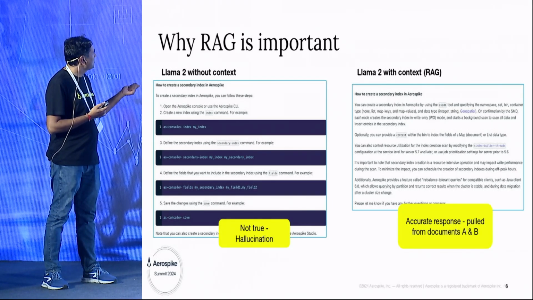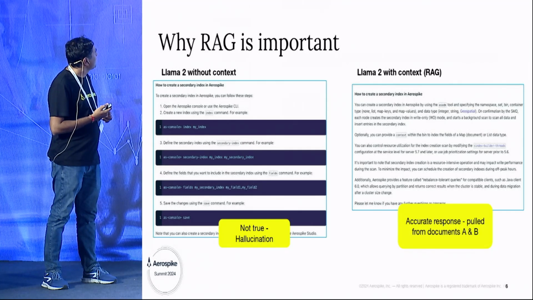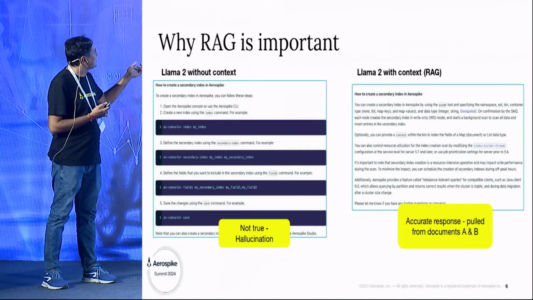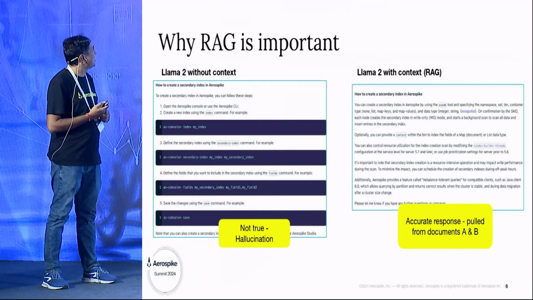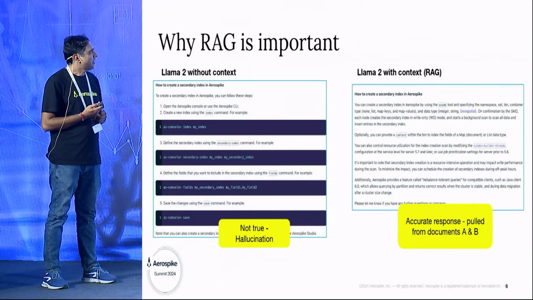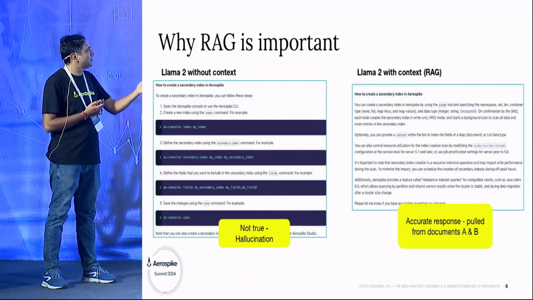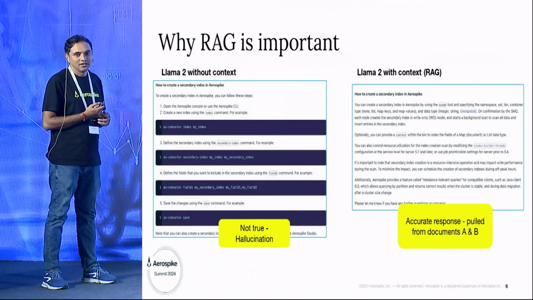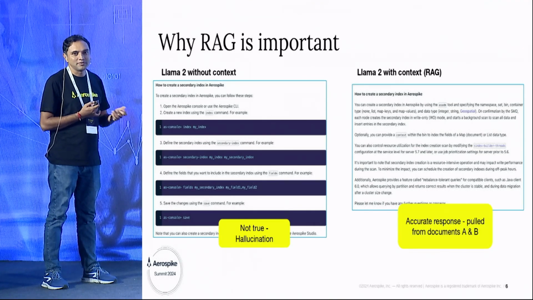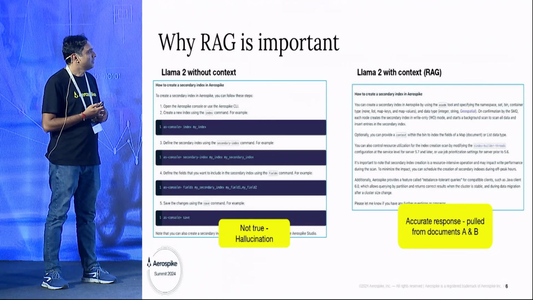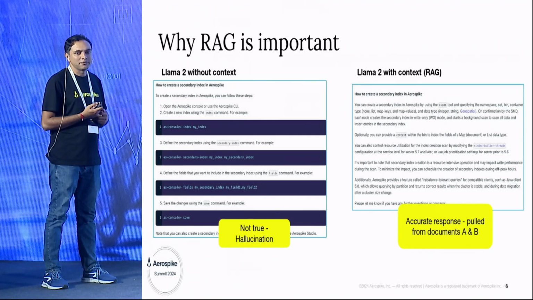On the left, what you see is a query which is answered purely based on an LLM, which is the Llama 2 model. And on the right, you see the same query answered by Llama 2, but the query has been augmented using our vector database to work around some of the pitfalls that you have with LLMs.